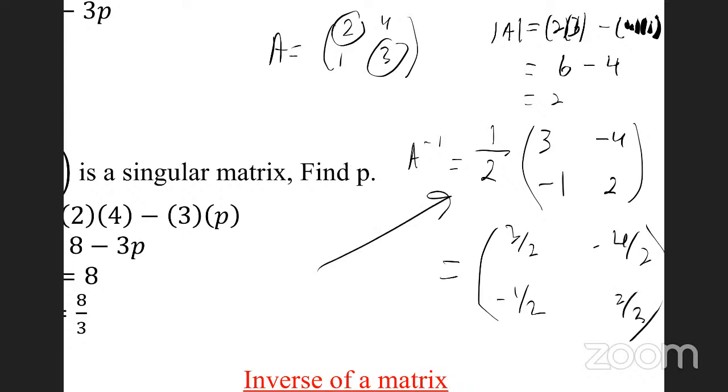Leave the fraction on the outside. All right? So that's the way you find the inverse. Find the determinant, 1 over the determinant, and then multiply it by the adjoint.